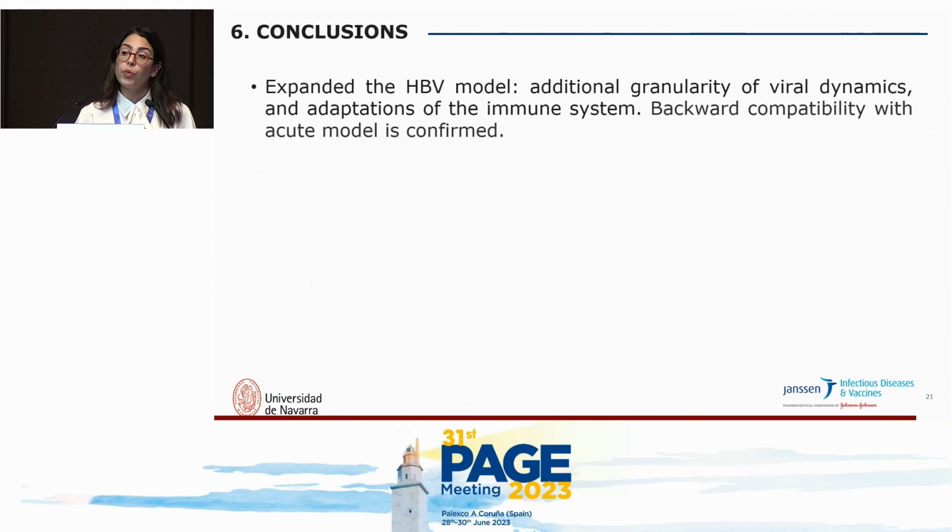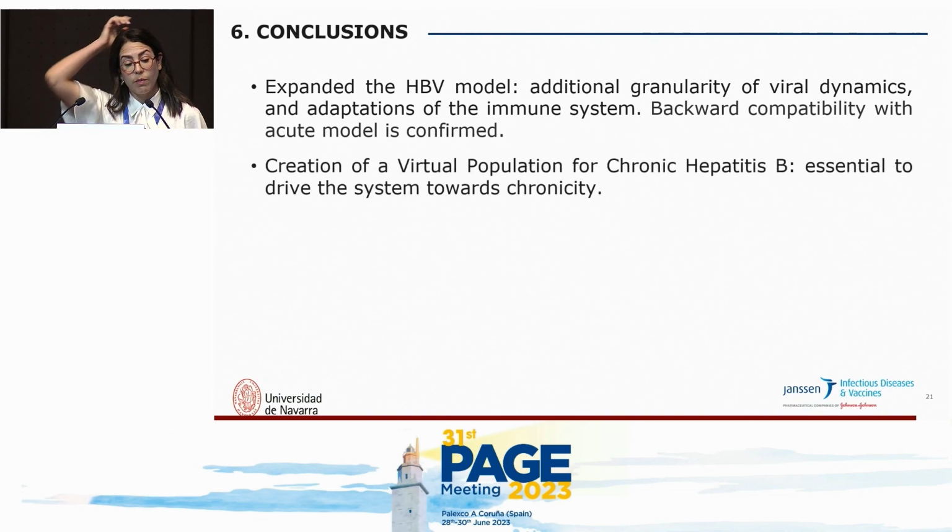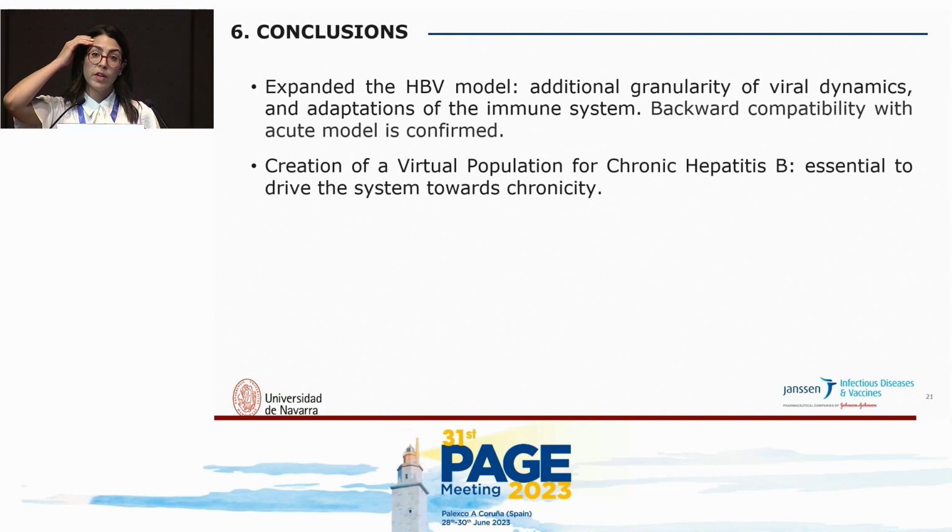So in conclusion, we were able to expand the HBV model, incorporating additional granularity on the viral dynamics, and adapted the immune system with confirmed backward compatibility with the acute model. We also created a virtual population for the chronic HBV, which was essential to drive the system towards chronicity.